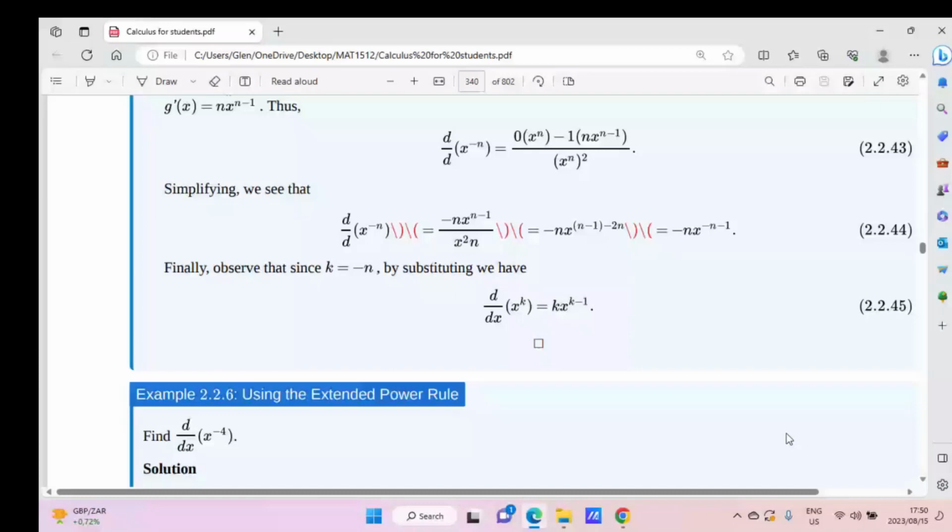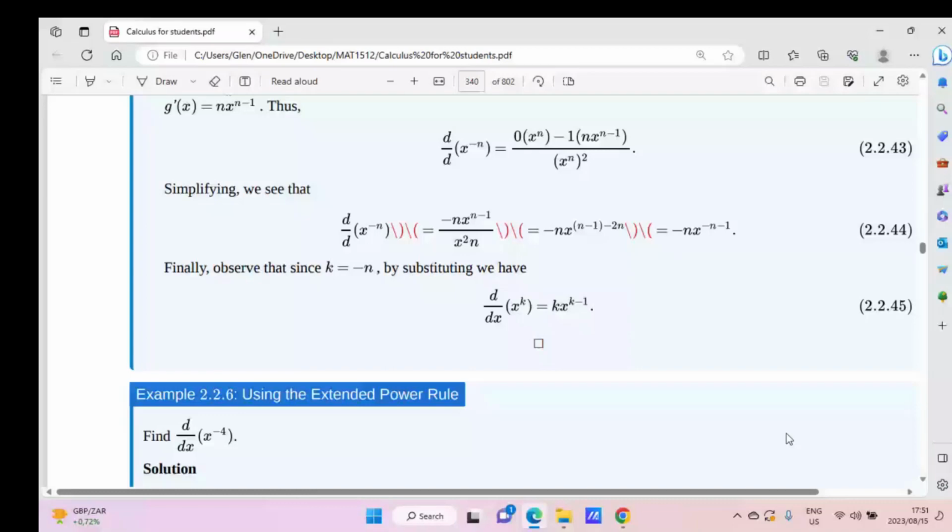Now, in this order, the rest of us are going to follow: Elvin, Tabo, and Lerato. Elvin? Yes, sir. What I got was negative 4x to the power negative 5.